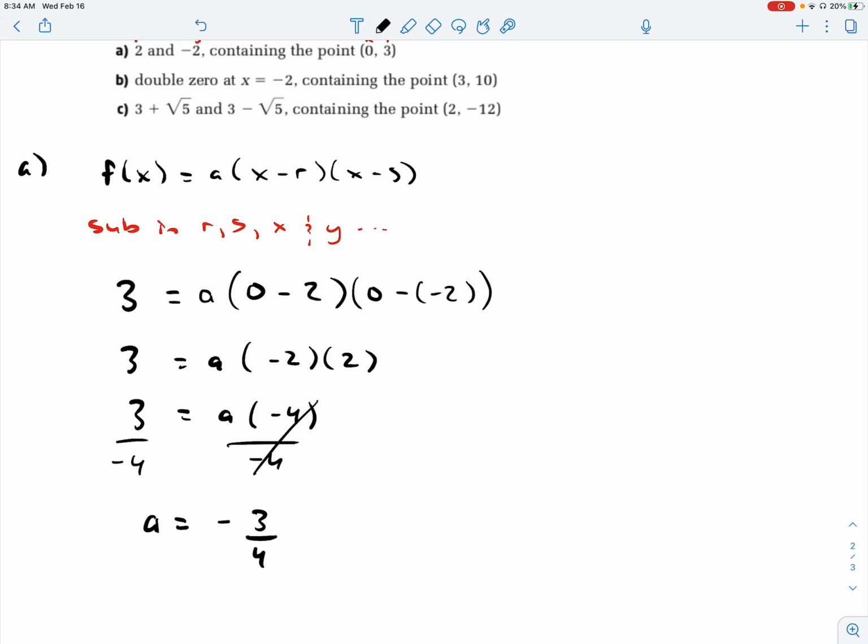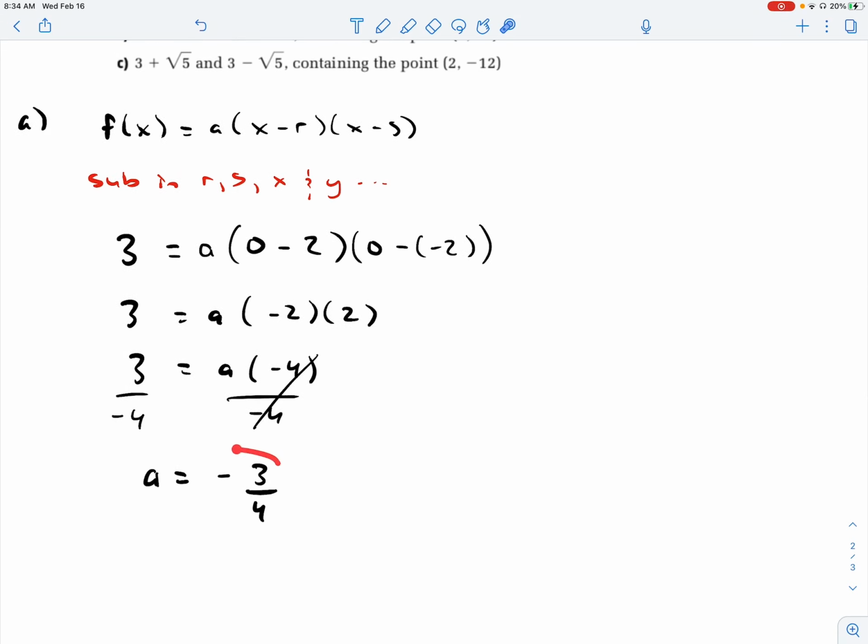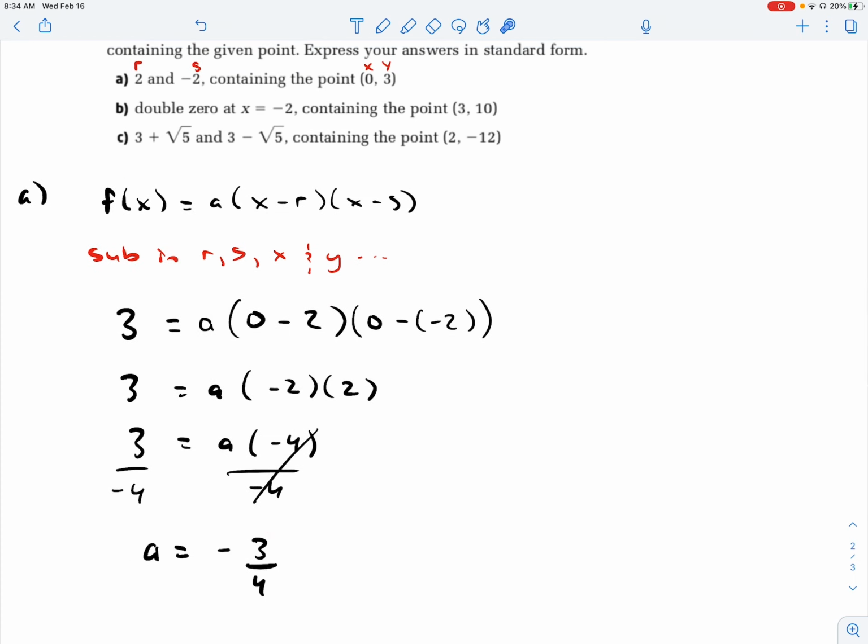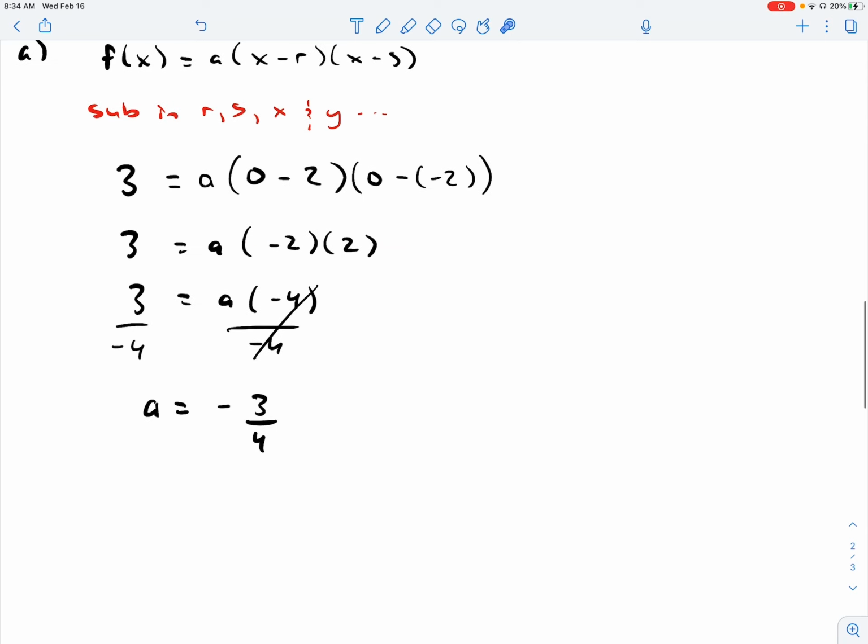Now that I found a, I found my parameter that's going to give me the specific member for the quadratic that will have those x-intercepts and also go through that point. So I just determined the unique quadratic that fits those x-intercepts and goes through that point. So we're just going to state it.